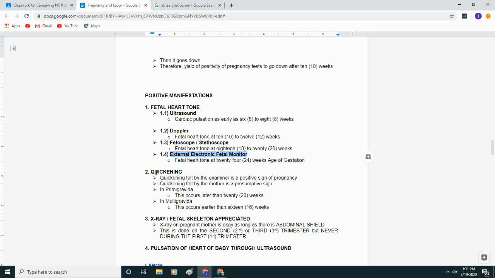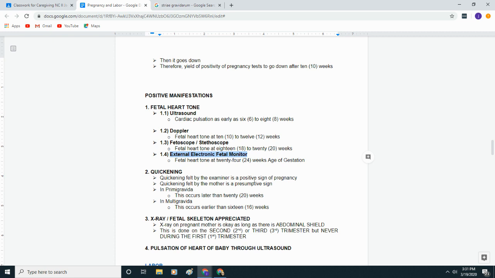Next, there is quickening. When we say quickening, this is the movement of the baby. It feels like there is something moving inside the abdomen. That's what we call quickening. Felt by examiner is a positive sign of pregnancy. Quickening felt by mother is a presumptive sign.